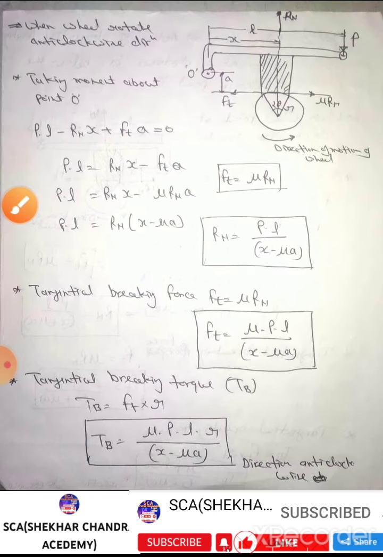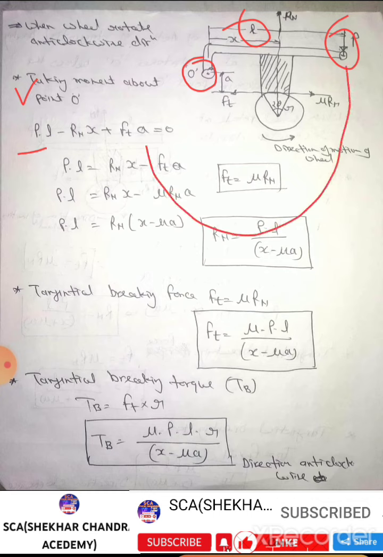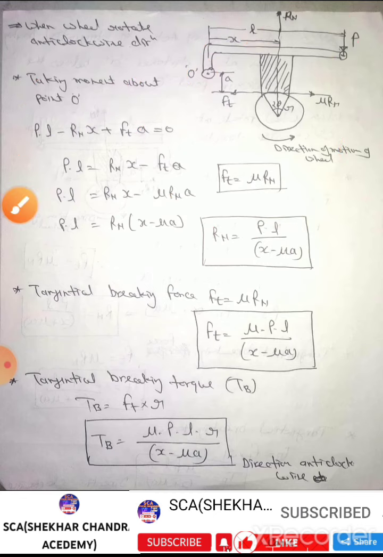Now, taking moment about point O, here P into L, applied force into perpendicular distance L, makes a clockwise couple about point O. So we assume clockwise couple as positive sense and anti-clockwise couple as negative sense.